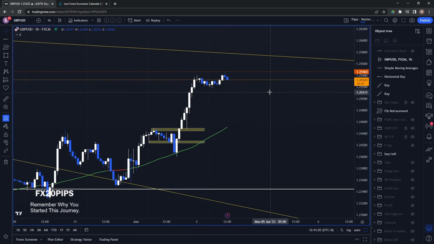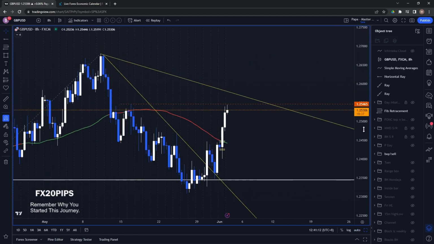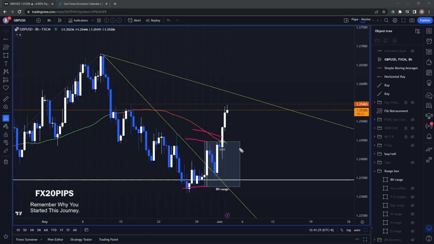Okay, so let's go back a while to look at the 8 hours. Let's try to do our daily activities first. Where is my range box? Here, 8 hours. So price has closed above this 8 hours range.